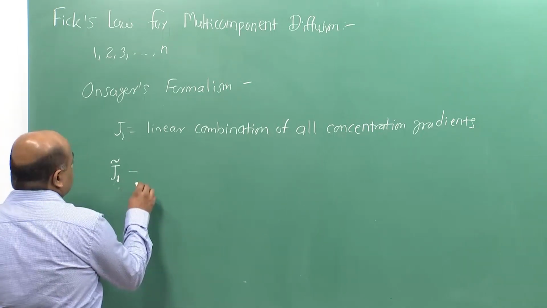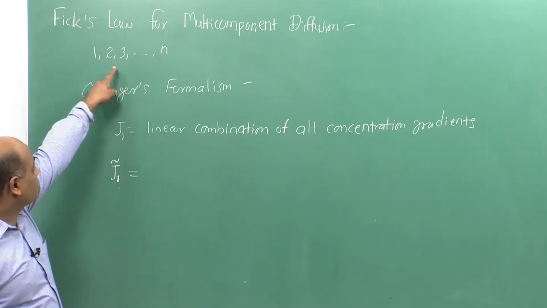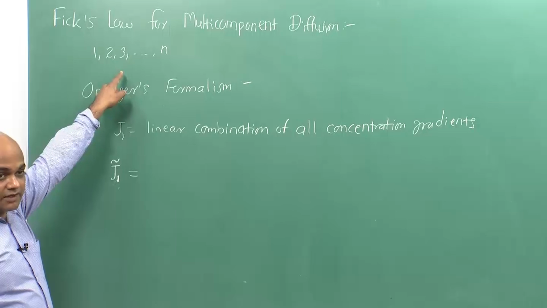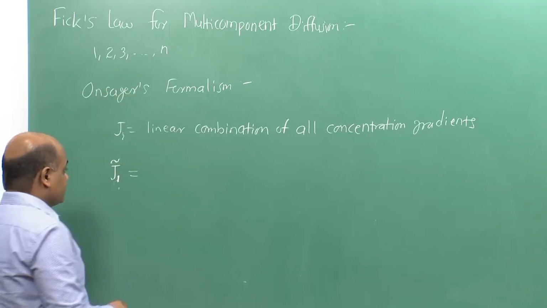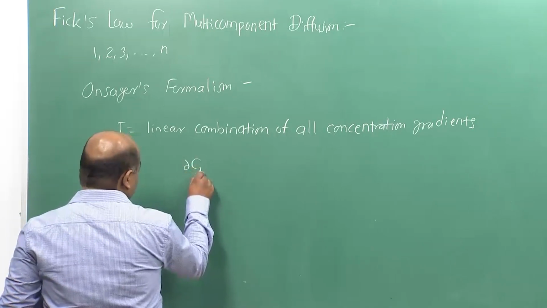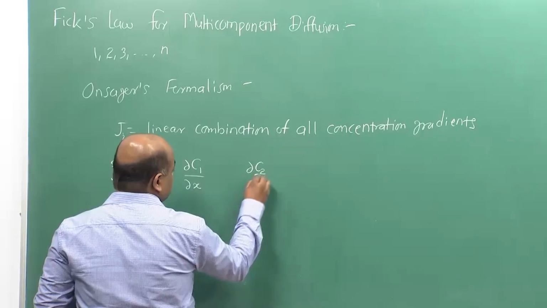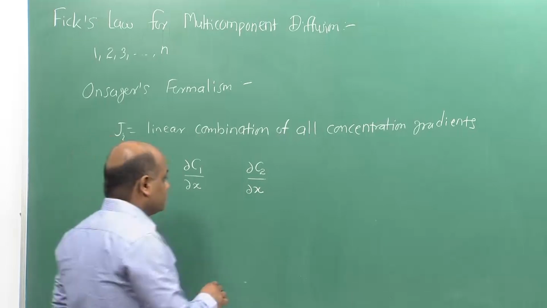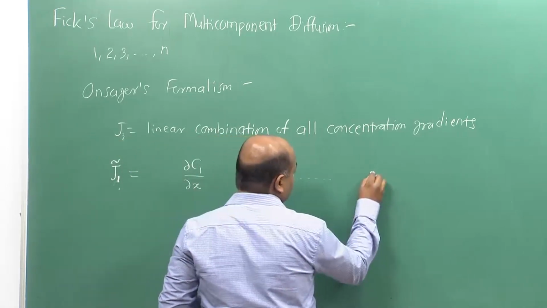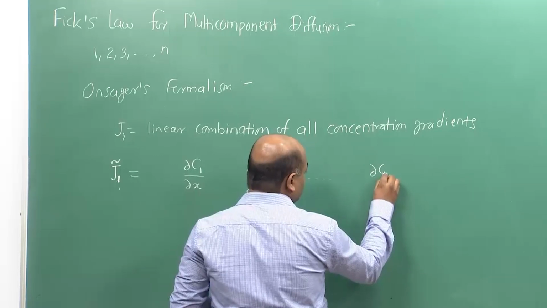So, J1 tilde is a linear combination of all concentration gradients. Since we have n components, there are n concentration variables and n concentration gradients, right. So we need to express this as a linear combination of n concentration gradients, which we write as dou Cj by dou x, where j is equal to 1 to n.